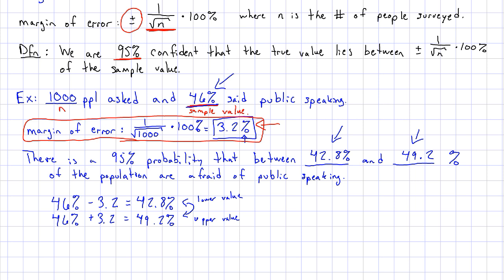I subtract that from my sample value, and I add it to my sample value. And that gives me the range of values that I expect the true population, the whole country, to be in. It's a 95% probability that between 42.8 and 49.2% of the whole population are afraid of public speaking. So that is what margin of error is, and that is how we calculate it.